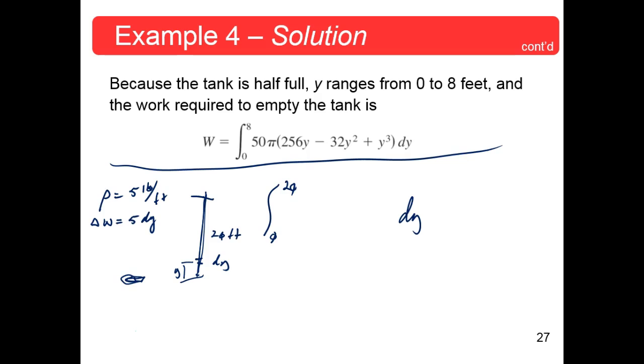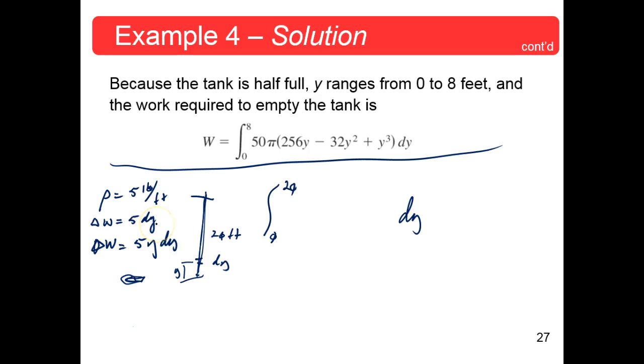Now, the weight you're lifting a distance, and how far are you lifting it? At any point here, you're a distance y. So that's the weight times the distance, so your incremental work would be 5y dy.